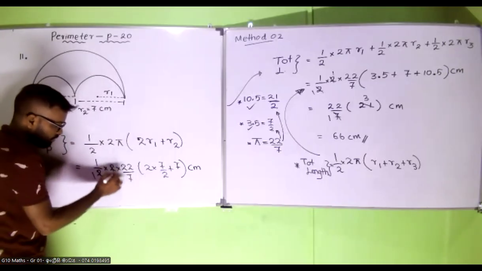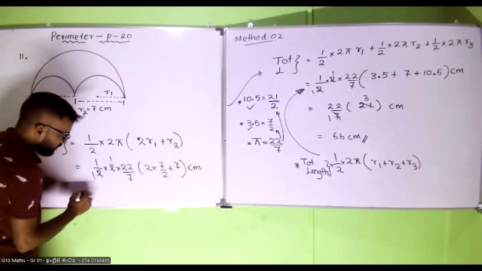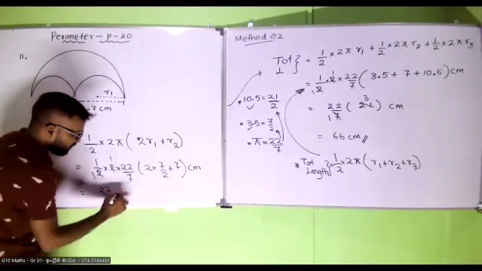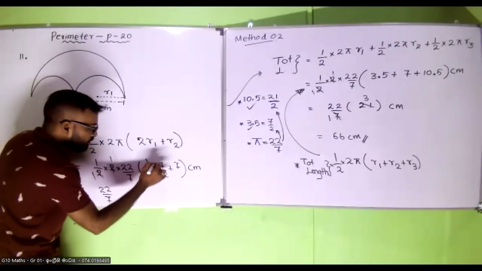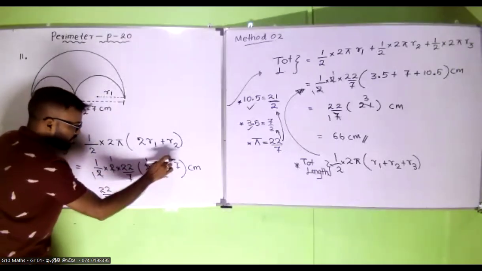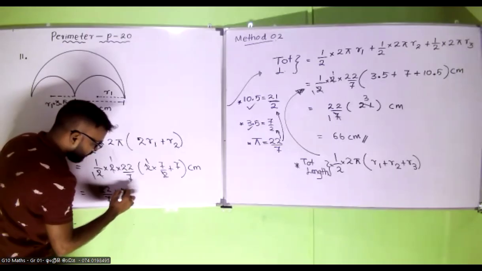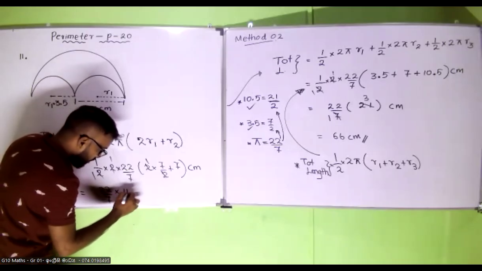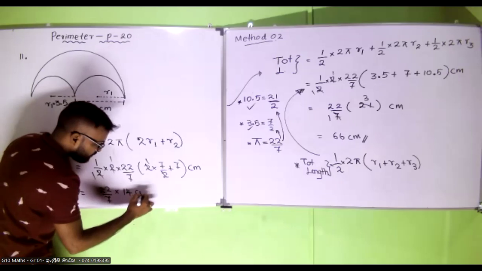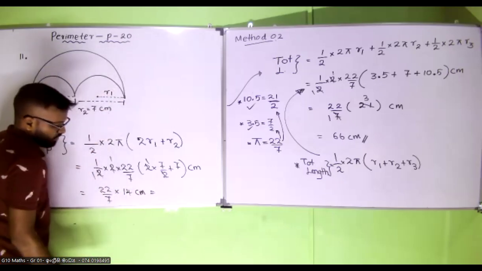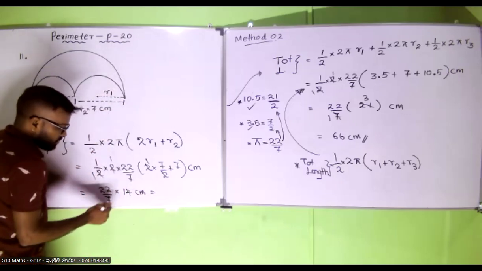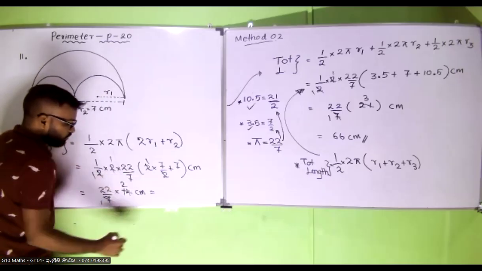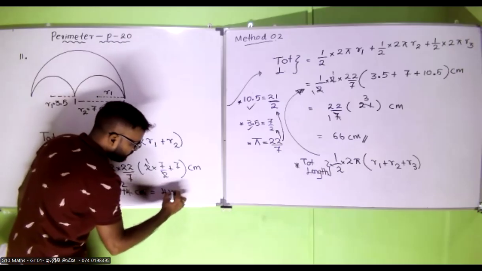So here we have 22 upon 7. 7 plus 7, 14. 14 centimeters. So the answer is 44 centimeters.